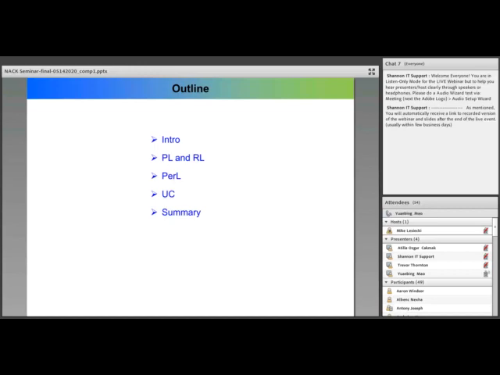Then I'm going to talk about some results related to 4 types of luminescence: photoluminescence, radioluminescence, persistent luminescence, and up-conversion luminescence, with a couple of types of materials. And then I will try to summarize. That's basically the outline of today's talk.